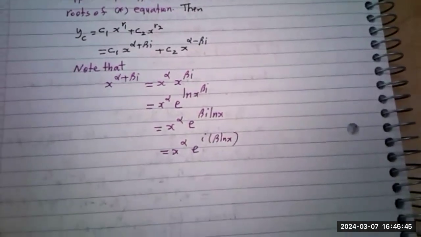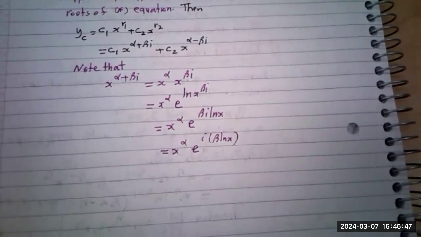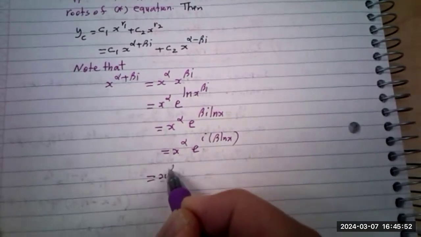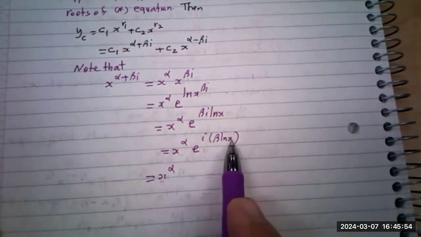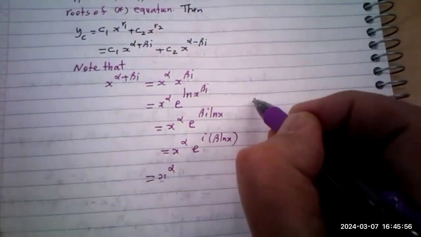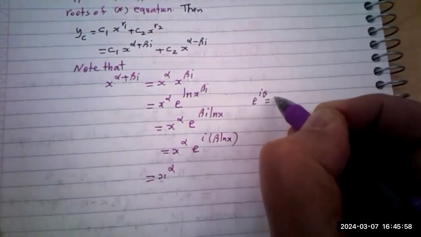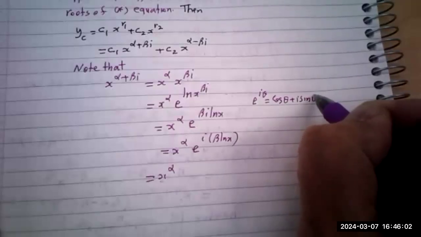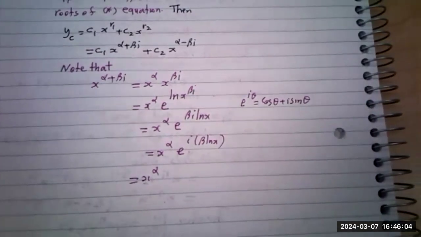Got it? Now I write down the sine and cosine. This is x to the alpha times the Euler formula. The Euler formula, e to the i theta, is what? It is cosine of theta plus i sine of theta. That's the Euler formula.